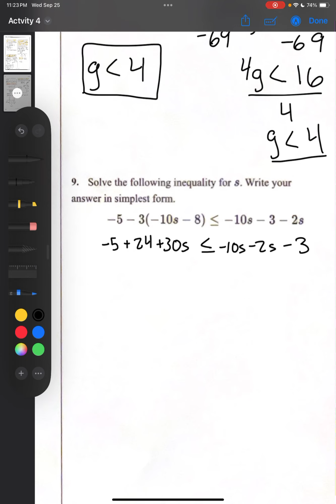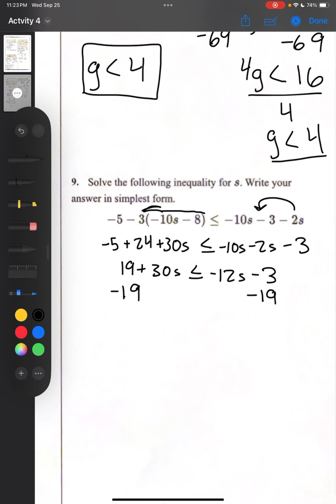As you can see, I distributed this equation here, and I moved this over so you can see the like terms. So that gets you to 19 plus 30s is less than or equal to -12s minus 3. So here we're going to lose the 19. Subtract 19, add our 12s.